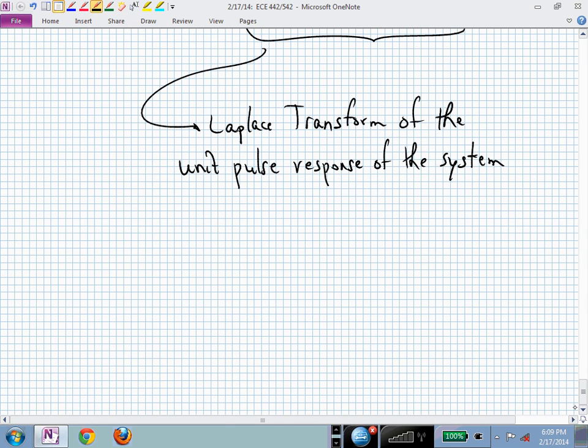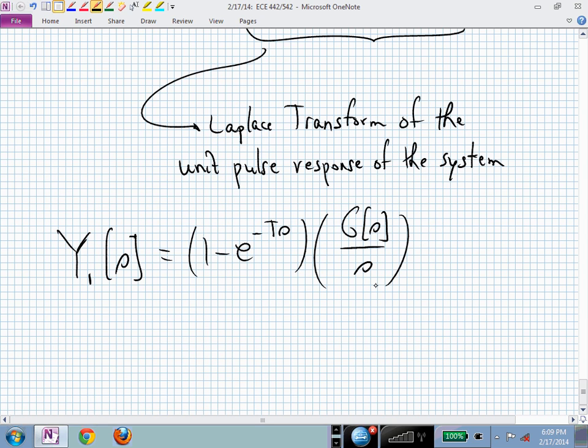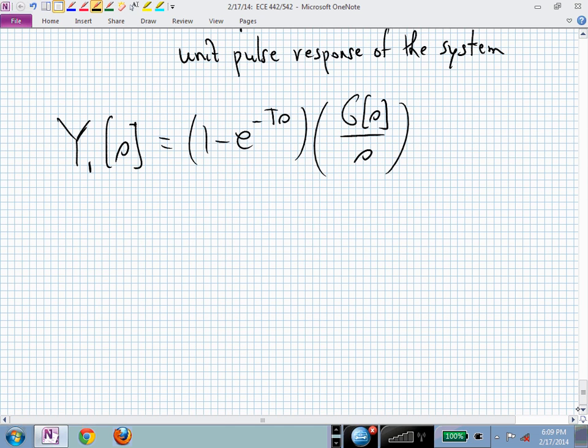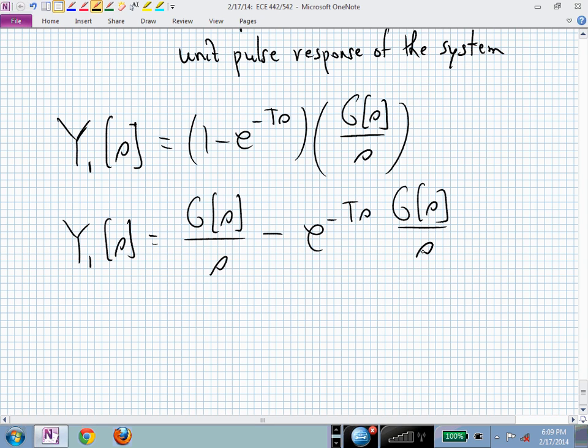All right, now we have to find out what we're doing. We now have an expression for this capital Y sub 1 of s, and that's this 1 minus e to the minus Ts times G of s over s. Or we could put that into two separate pieces and say, oh, I have a G of s over s minus an e to the minus Ts G of s over s.